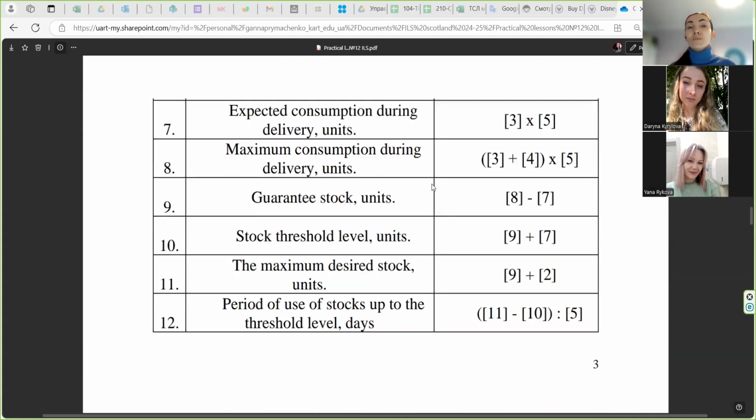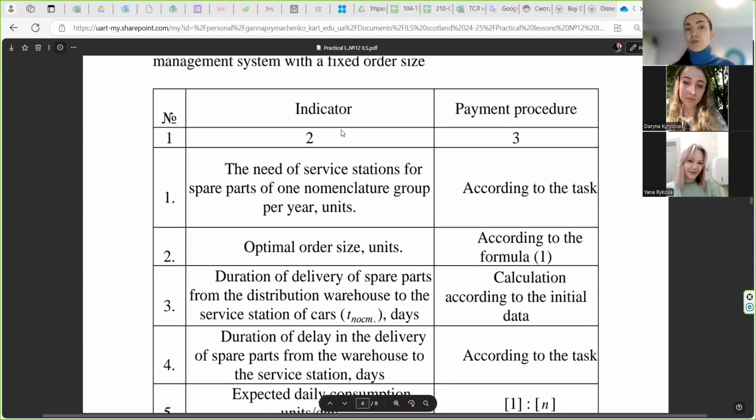So the first step: maybe you can also write the same table, with the number in the first column and the second column. I think we don't need to rewrite it.